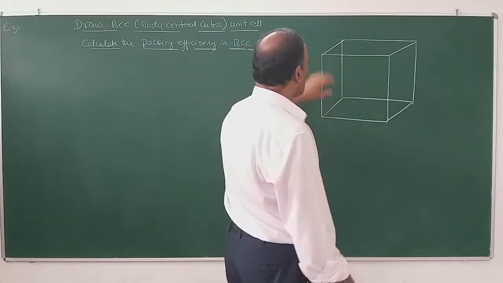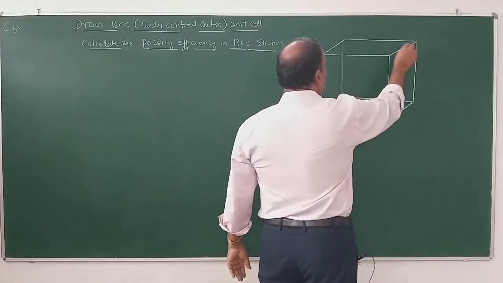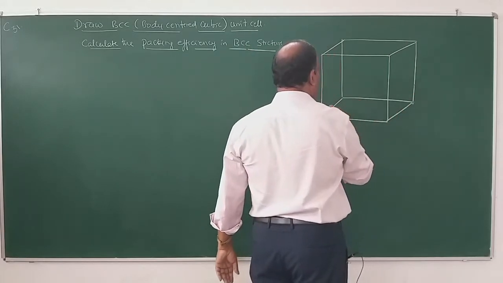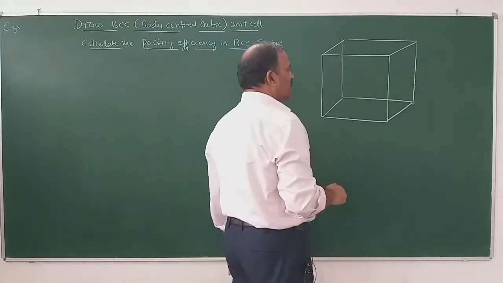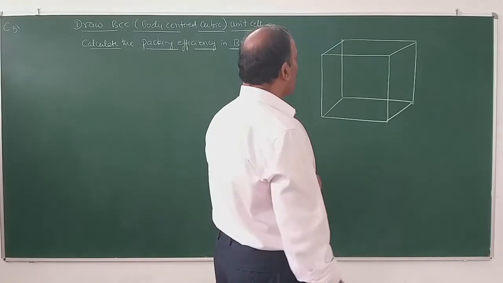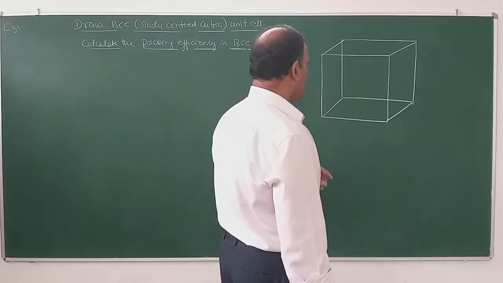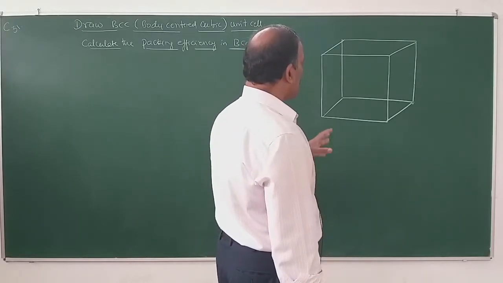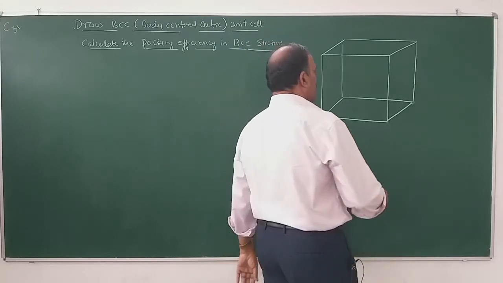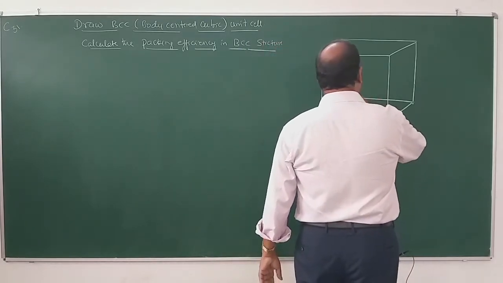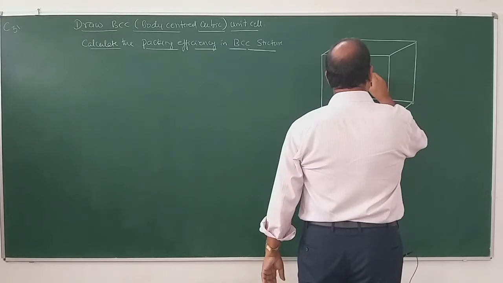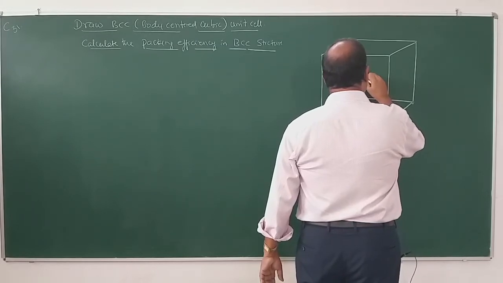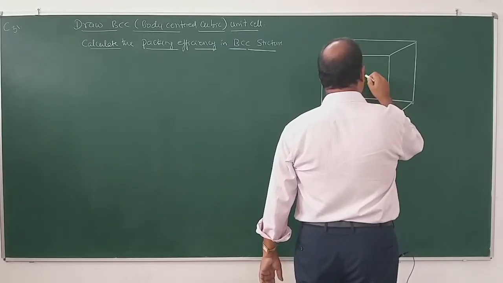The particles are present at the corners and also at the center of the body. It is called a body centered unit cell. So I will not write all the particles, I will write only the body centered particle and 2 corner particles here.